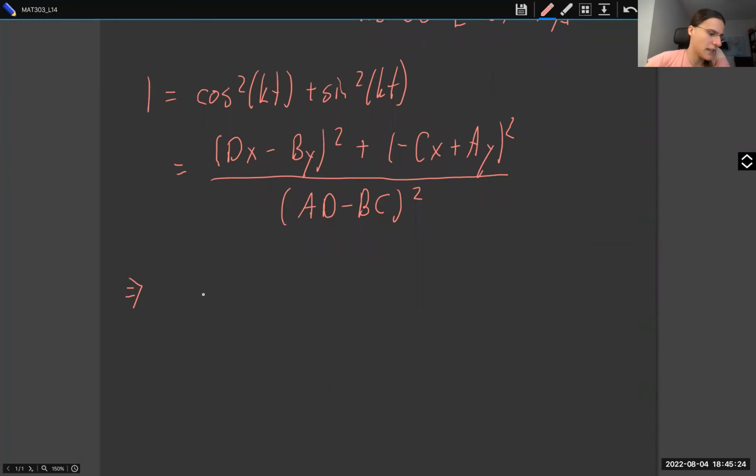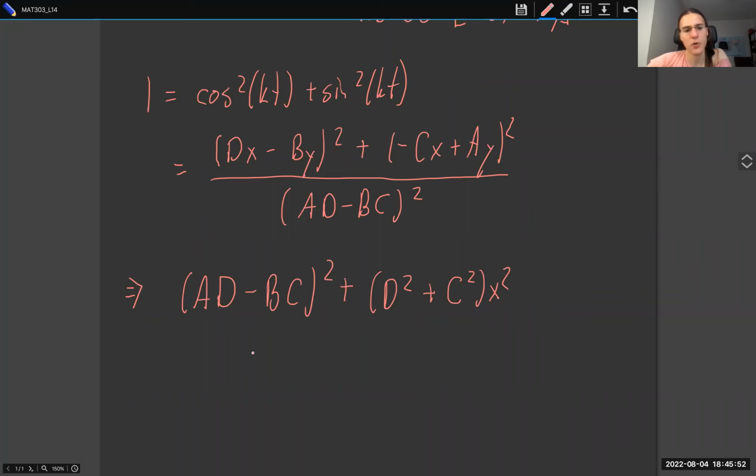So what we get as a result is that (AD minus BC) squared, plus, if we look at what the term on x squared is going to be, it's going to be d squared plus c squared times x squared. Then there's going to be a term on xy, and that's going to be negative 2.